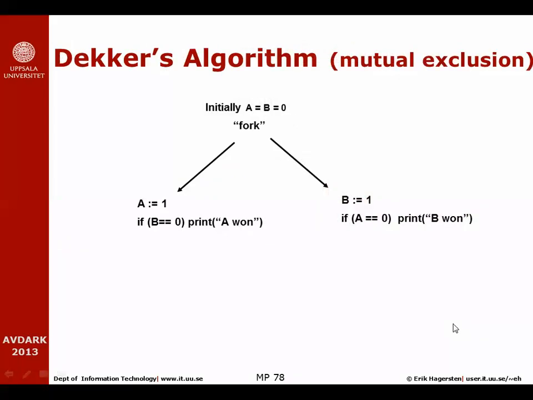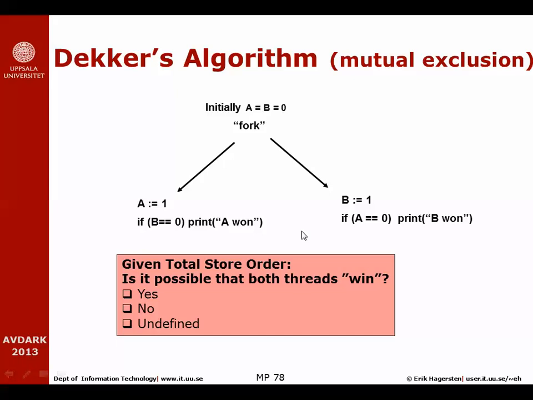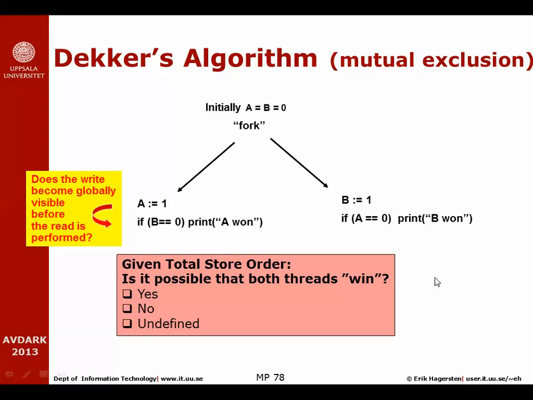Finally, what about Dekker's algorithm? Given total store order, is it possible that both threads win? Another way to phrase that question is, does the write of A equals 1 become globally visible?